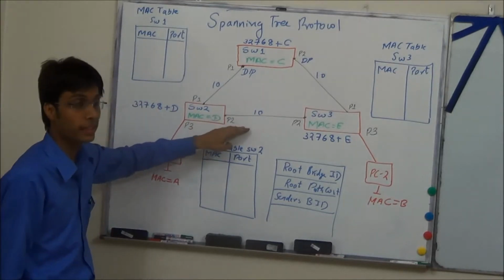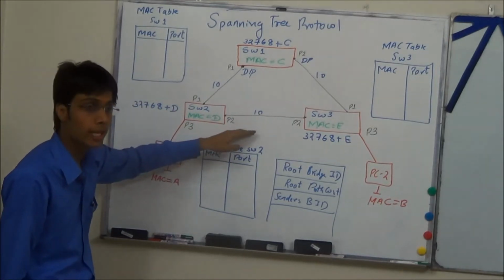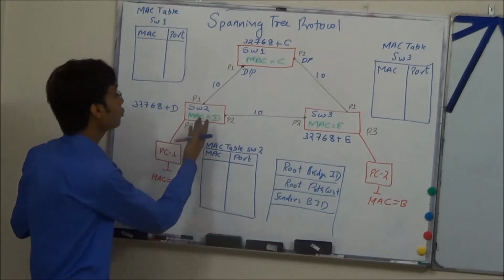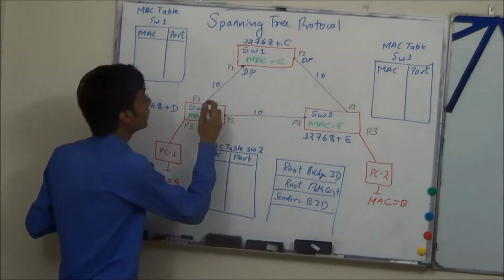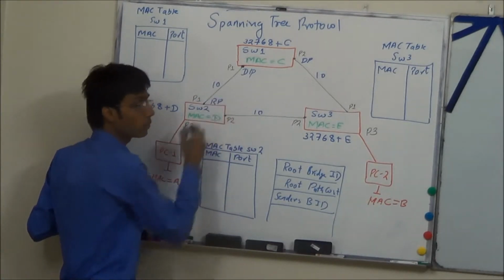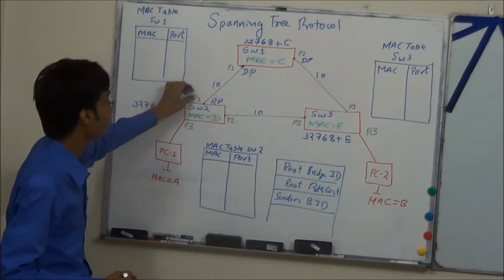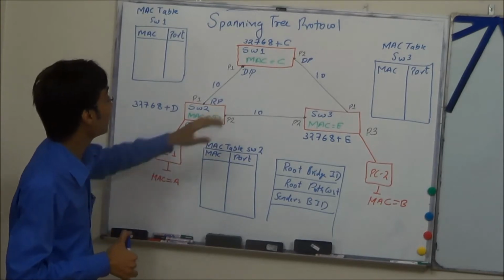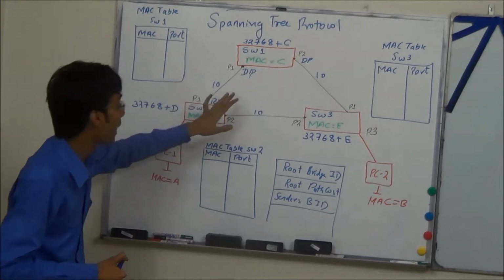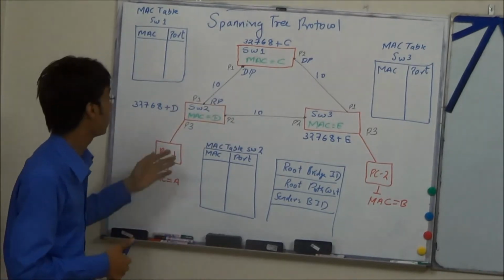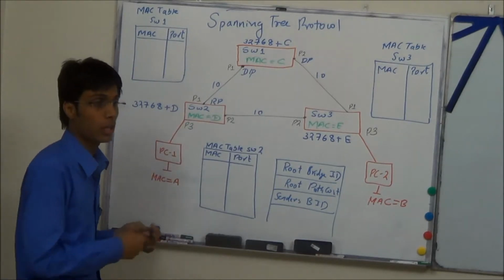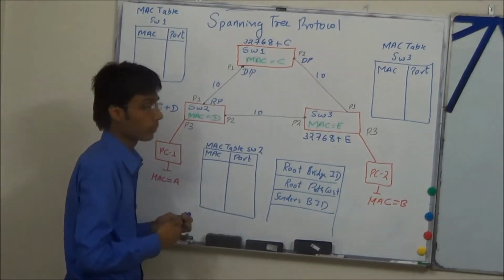So the better RPC is the one with lower value. 0 is better. So switch 2 will term this port as its root port. This way we have a root port on switch 2 at port P1. Now the root port is allowed to receive BPDUs and data frames through it. It is also allowed to pass data frames through the root port.